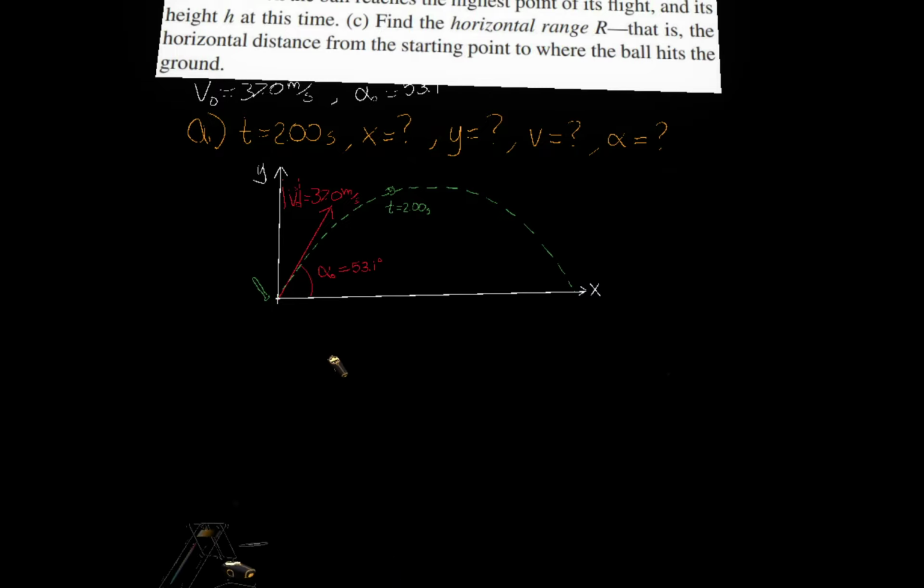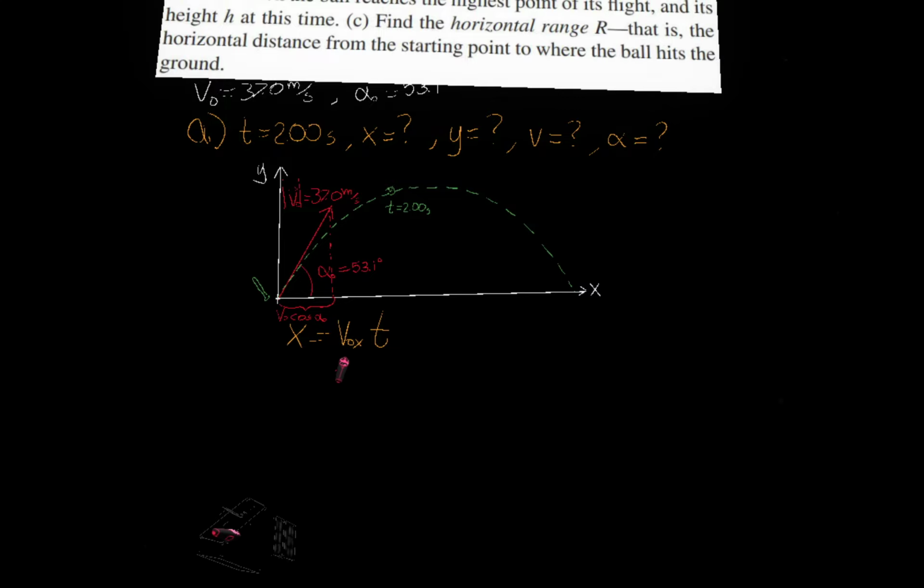And so, to start just from the left and work our way right, we want to use this equation. x is equal to v naught x times t, right? Remember that v naught x is simply this part here, which is v naught cosine of this initial angle.